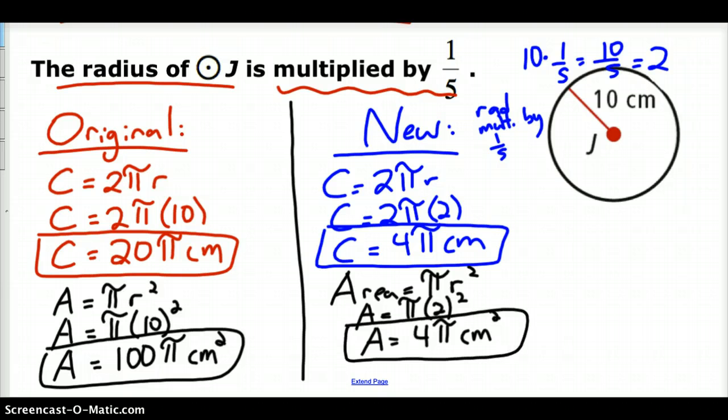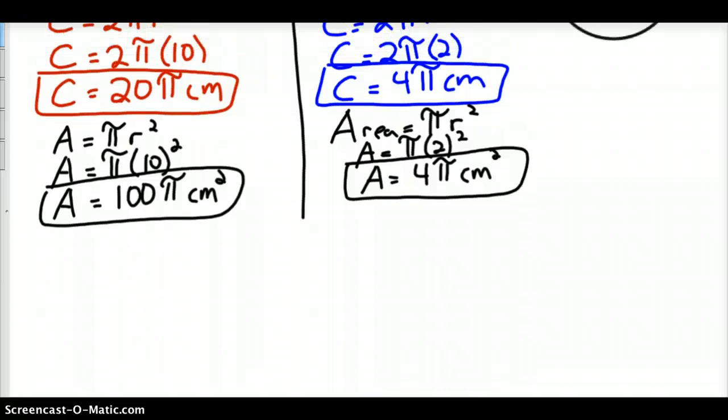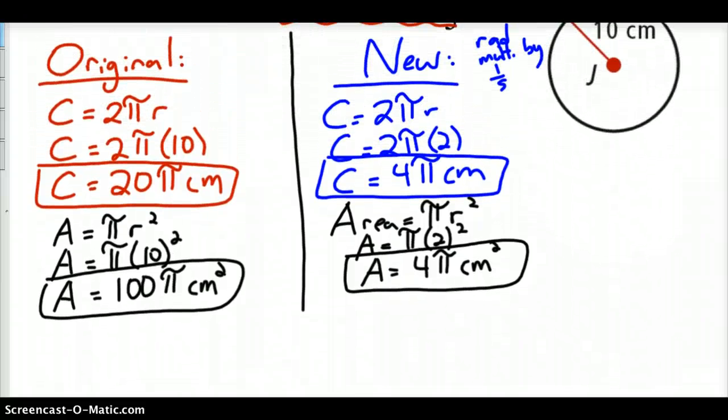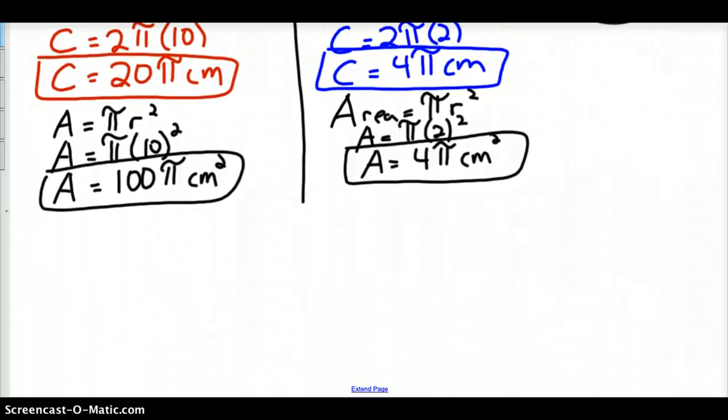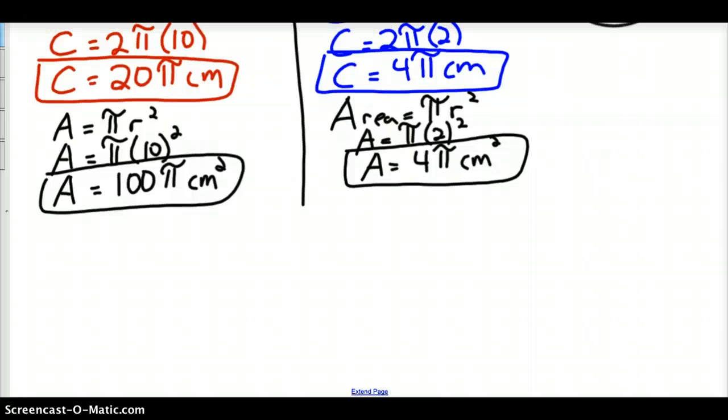Let's look at this given the scale of how our radius shrunk this time, and see if we can draw some conclusions. Our original circumference was 20 pi centimeters, and our new circumference was 4 pi centimeters. Let's see how that changed.